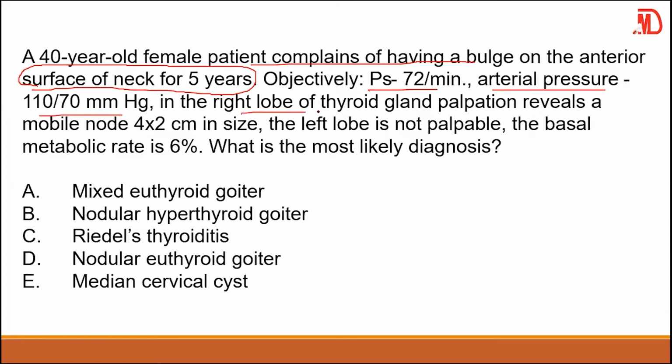In the right lobe of the thyroid gland, palpation revealed a mobile node. The left lobe is not palpable. The basal metabolic rate is 6%. What is the most likely diagnosis?